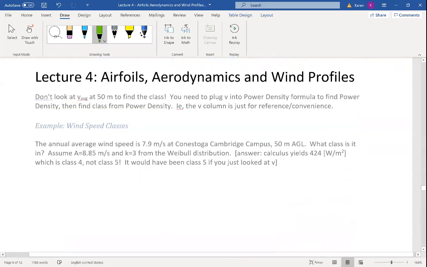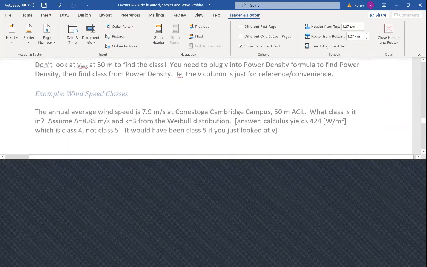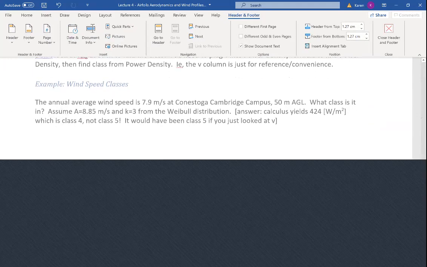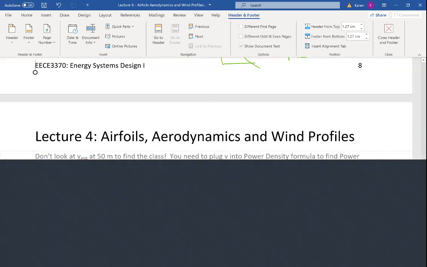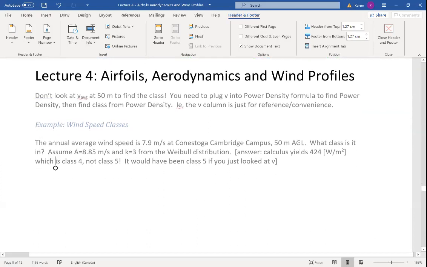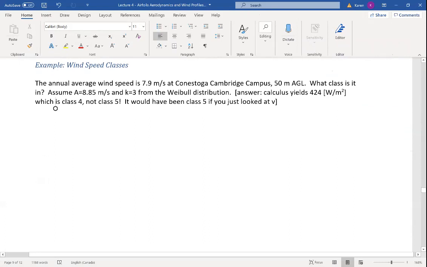Let's look at a bit of an example here. The annual average wind speed is 7.9 at Conestoga College, if I measured it 50 meters above ground level.